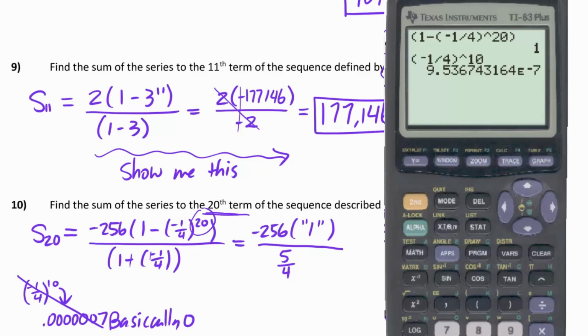So I'm going to take negative 256 times that, basically 1, and then divide that by 5/4, or divide that by 1.25. And so my answer in the end, and keep in mind, this is not the true answer, because we're so close it's hard to tell the difference, is negative 204.8.